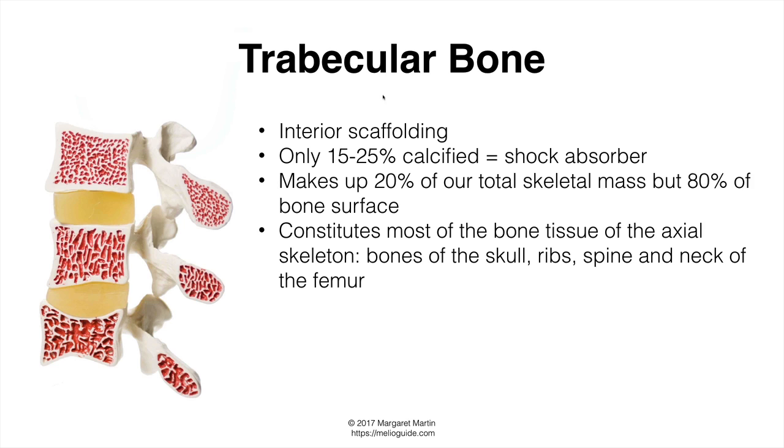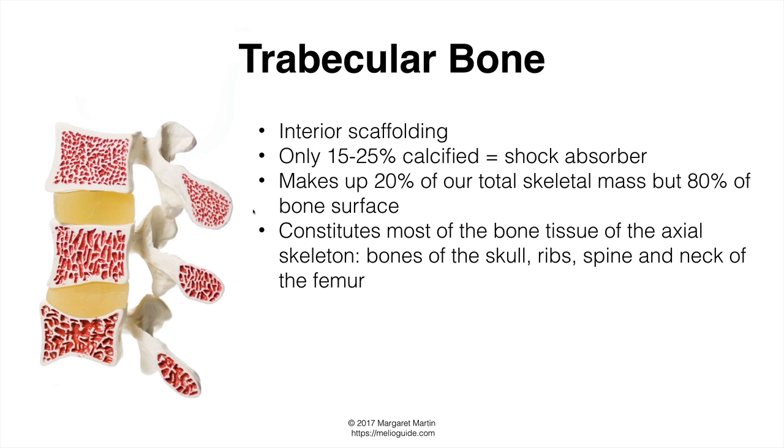So this trabecular bone is our interior scaffolding. It's the interior scaffolding that I'll point out of certain bones within the body. Only 15 to 25% of our trabecular bone is calcified, so it's actually very soft. And like our disc, as you see here between every vertebrae, it acts as a shock absorber.